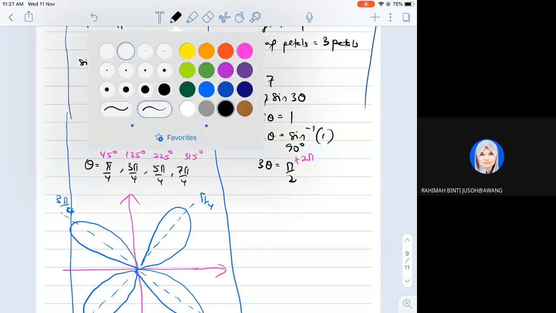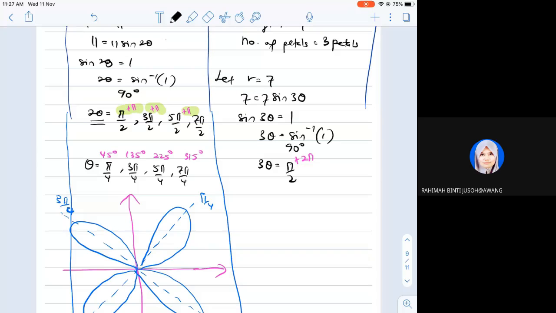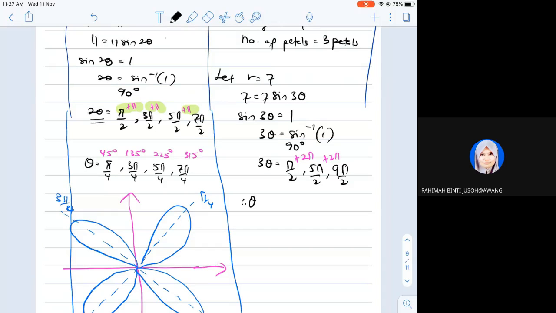So we have pi over 2 plus 2 pi, you will get 5 pi over 2, and then plus 2 pi again, you will get 9 pi over 2. So next, theta equals dividing everything by 3.